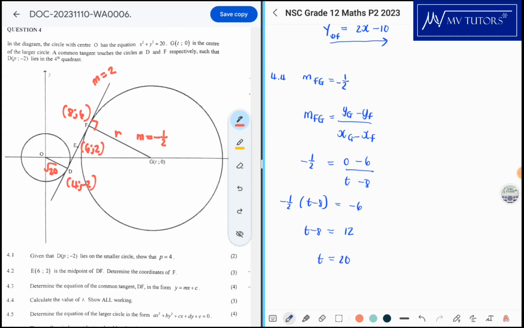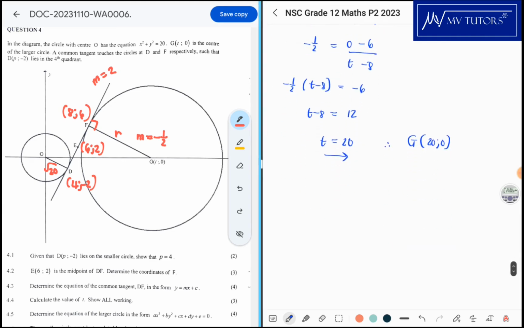Okay, so that is t, and we can therefore say G is (20, 0). And whenever you get your answers, just please make sure to check if they make sense. If D has an x-coordinate of 4, E has an x-coordinate of 6, and F has an x-coordinate of 8, it makes sense that G should be around 20, some high number, okay? So yeah.